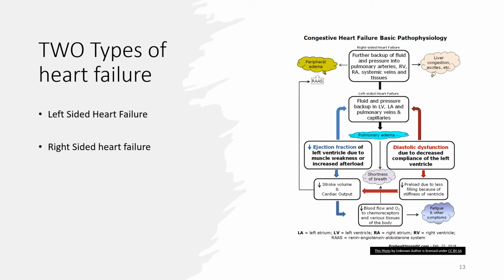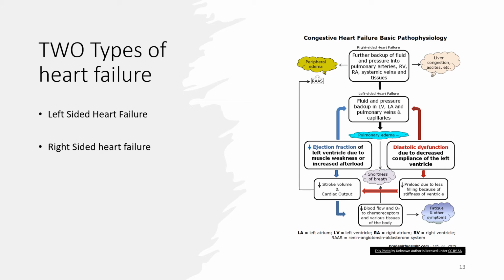Typically, you see right heart failure with left heart failure, but sometimes you can see right heart failure on its own, but usually right heart failure is caused from left heart failure. So right-sided heart failure is the blood is trying to get into the right side of the heart, the right ventricle and the right atrium.